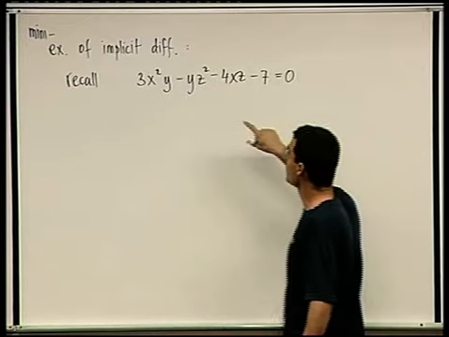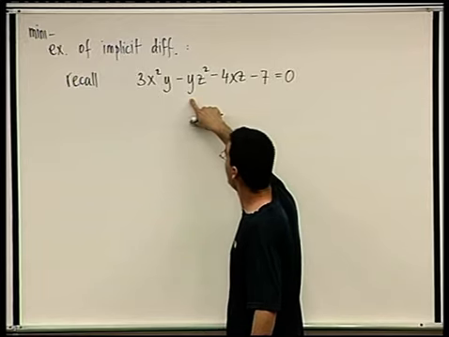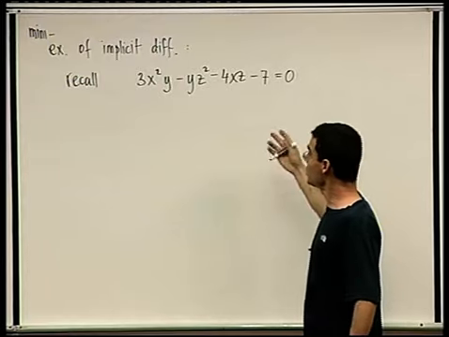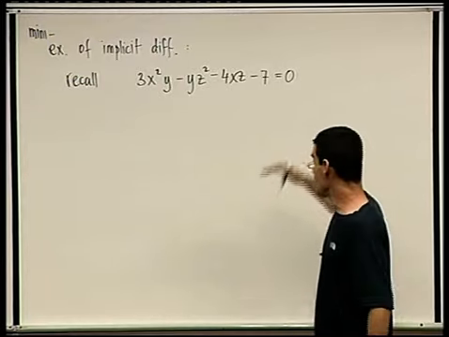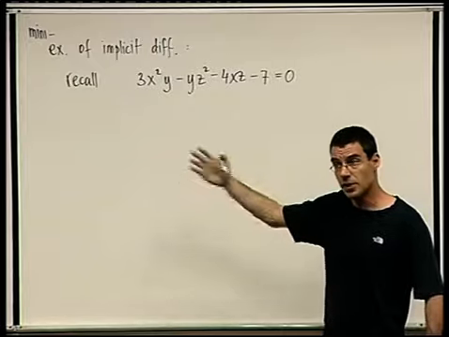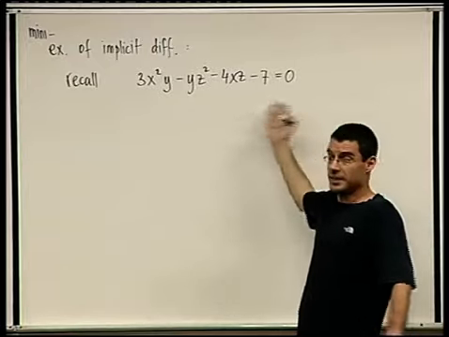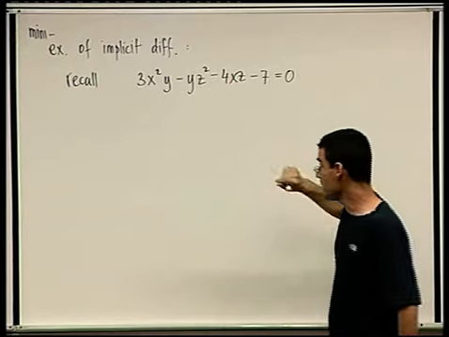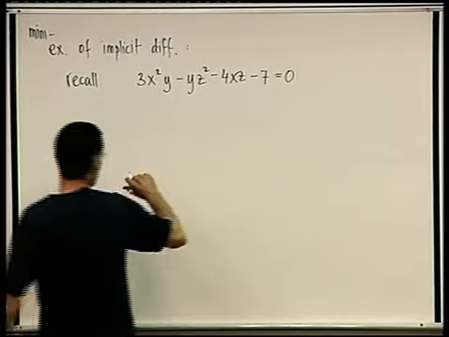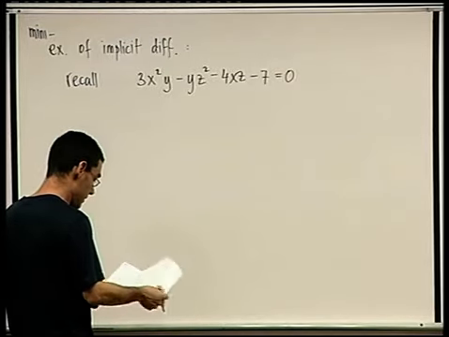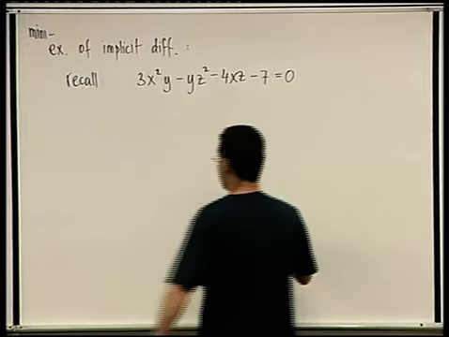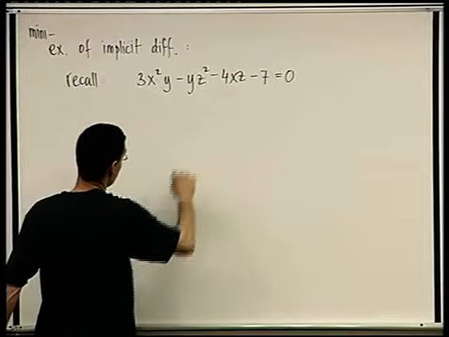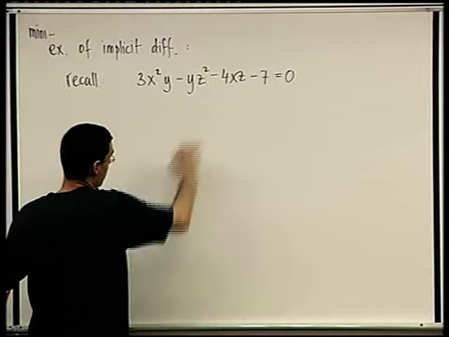And we managed to show that we can write y as a function of x and z, and we found the derivative of that function with respect to x, and we showed that it can be done using the implicit function theorem, and then we showed that it in fact can be done in this example explicitly. Remember that, everybody? Okay. So what I want to do is show you how you can find the derivative by implicit differentiation. So recall, this is the relation. This is capital F that I'm looking at.